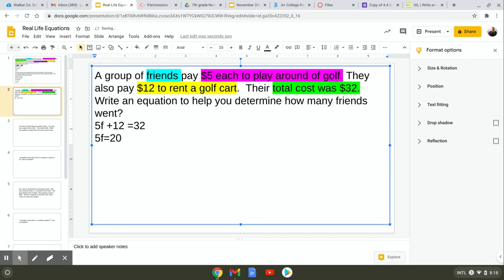Then we would divide both sides by 5, and we would get F is equal to 4. So what does that F represent? It represents how many friends went. So 4 friends went.